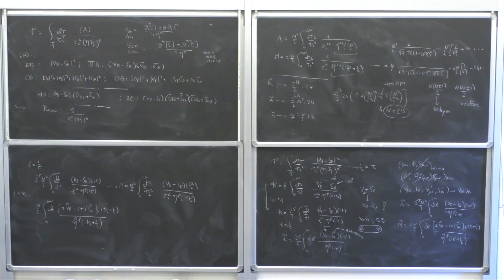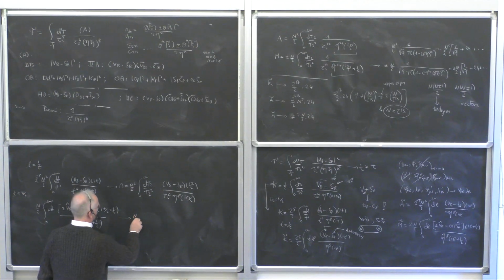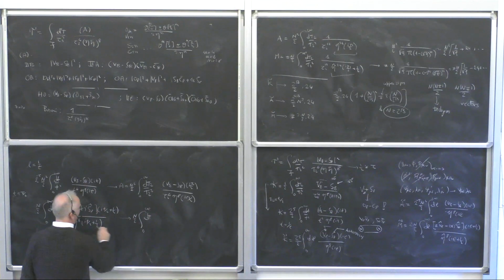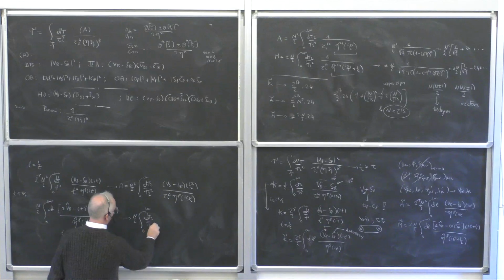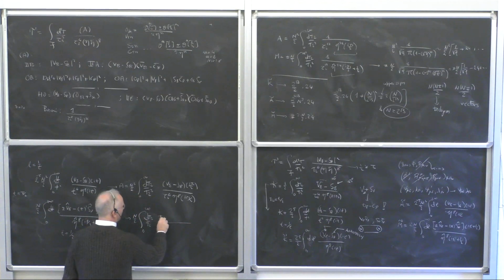Now, I perform the modular transformation because I define t equal 1 over tau 2. And then what happens is the following. Well, dt clearly goes into d tau 2 over tau 2 squared. V8 minus S8, you can show that by the P transformation goes into itself.